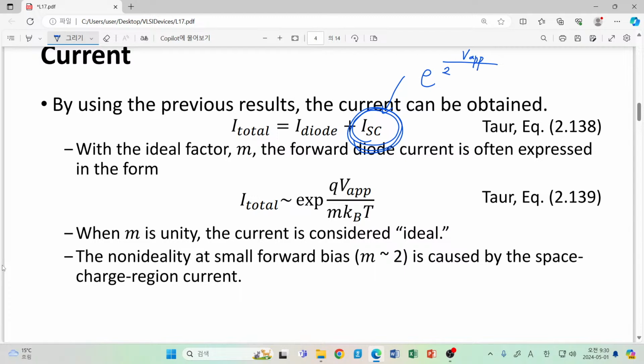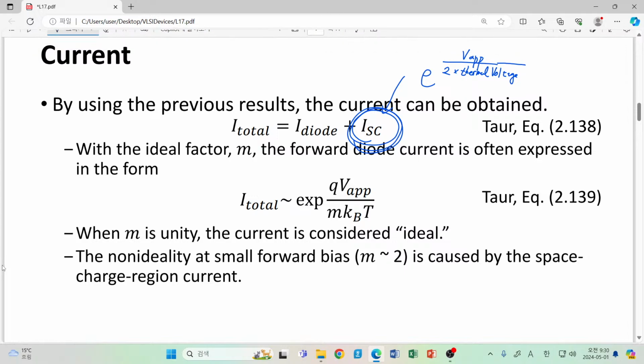However, here we have a different normalization constant, and it is simply 2 times the thermal voltage. So if we increase our applied voltage, this diode current and this space charge current will react differently.